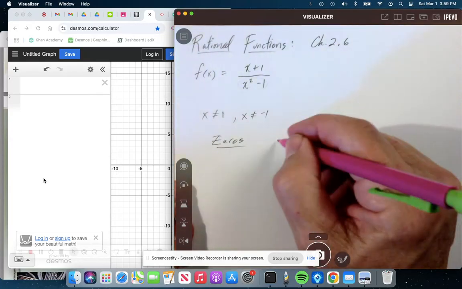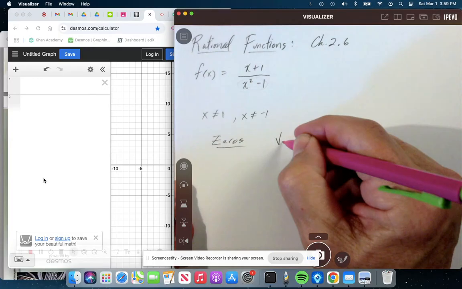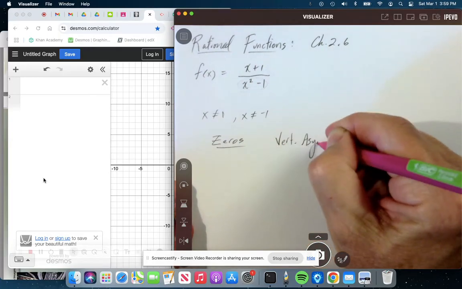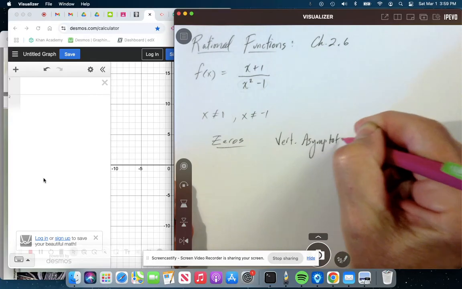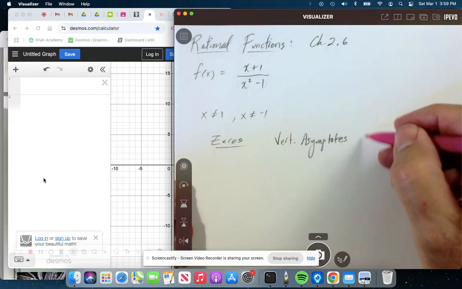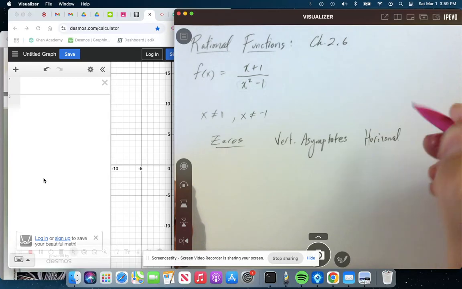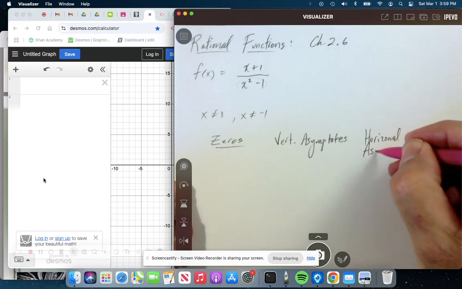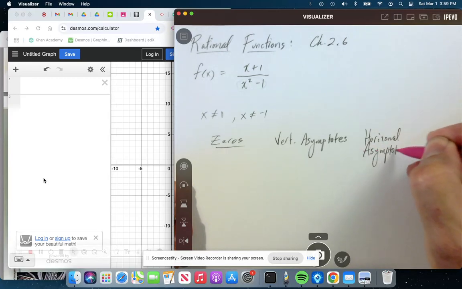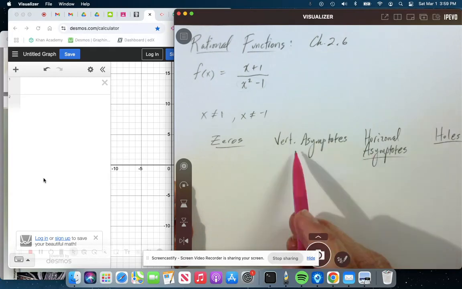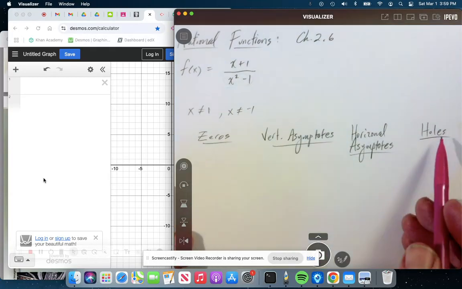So we have zeros. There are such things as vertical asymptotes. There are horizontal asymptotes. And there are things called holes sometimes, sometimes called points of discontinuity.